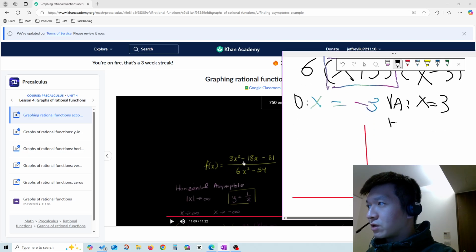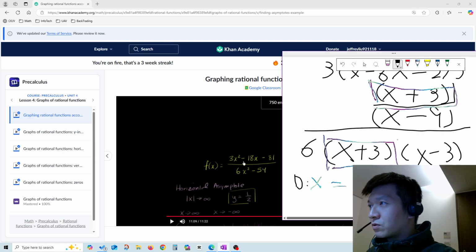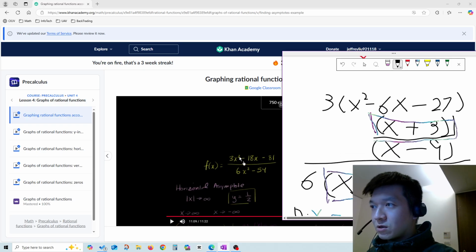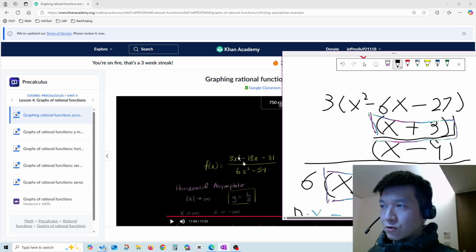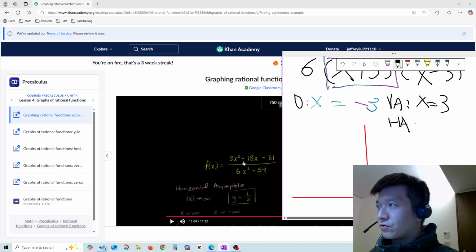How about your horizontal asymptotes? What's the biggest degree for numerator and denominator? That'll be 2, right? So they have the equal degree. So you're gonna just use the 3 divided by 6, right? Divide their coefficients. So y equals, by dividing their coefficients, you get 1 over 2, right?